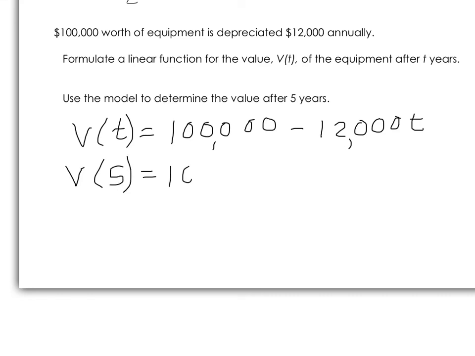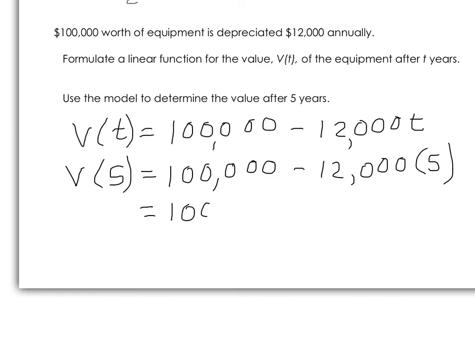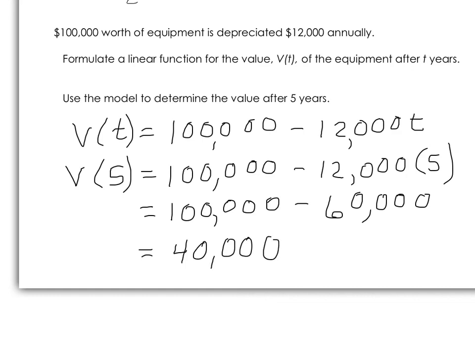V of 5, we take our $100,000 minus 12,000 times 5. Order of operations says we need to multiply first, so it's $100,000 minus 60,000. So the equipment will be worth $40,000 in 5 years. And that's all for section 2.6.